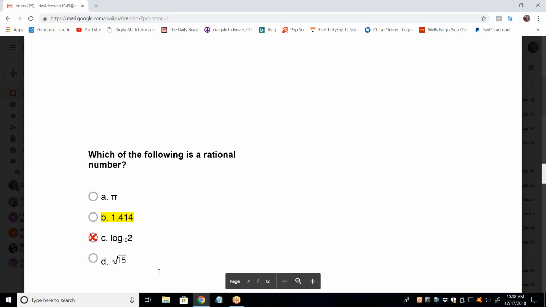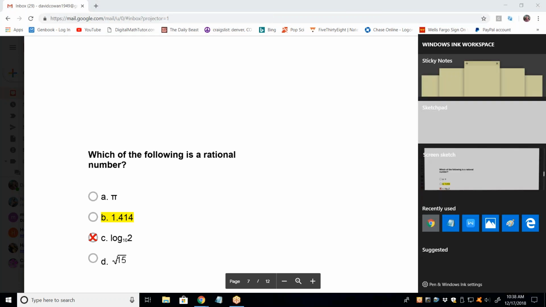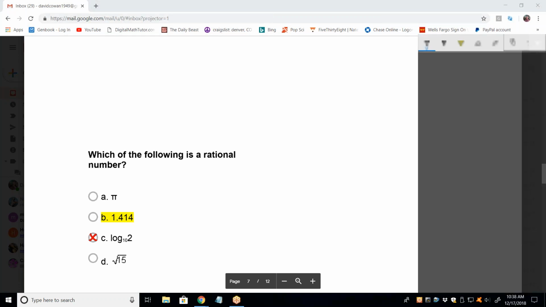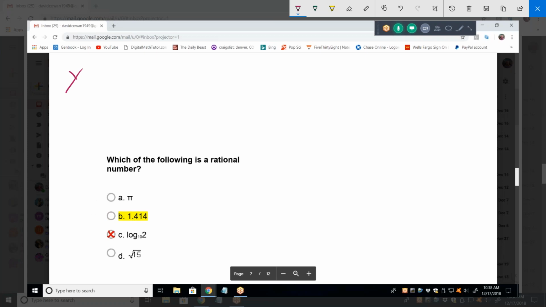I can give you a quick, let me just give you a quick 5-minute tutorial on logs. Okay. Most of what you are looking at are algebraic equations. In other words, you're looking at something like this. That is an algebraic equation because the variable x is on the line.